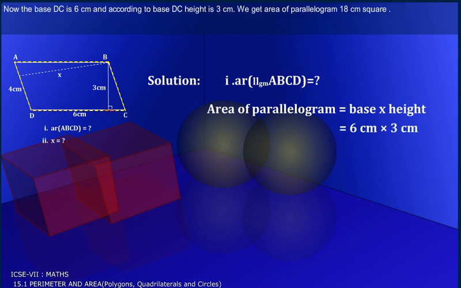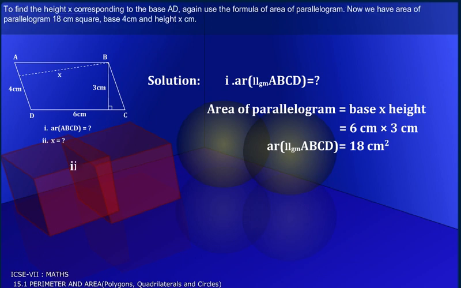Now the base DC is 6 cm and according to base DC, the height is 3 cm. We get the area of the parallelogram as 18 cm square. To find the height corresponding to the base AD, again use the formula of the area of a parallelogram.